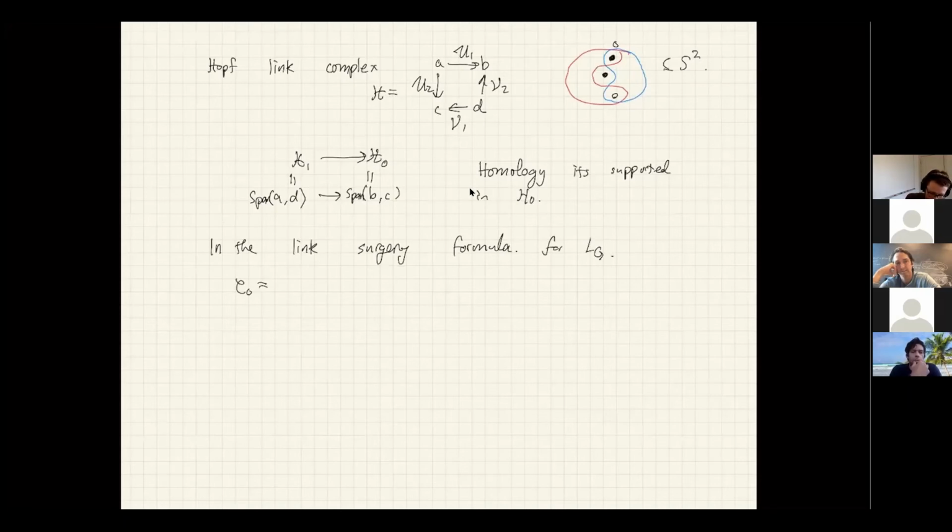So this is a connected sum of many copies of the Hopf link complex. I guess I called it H.